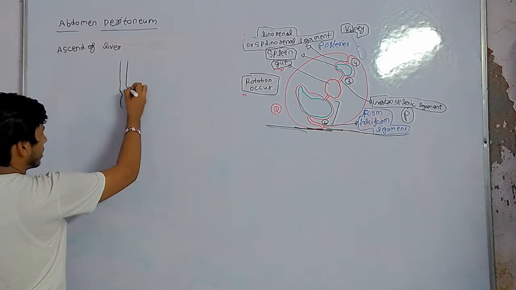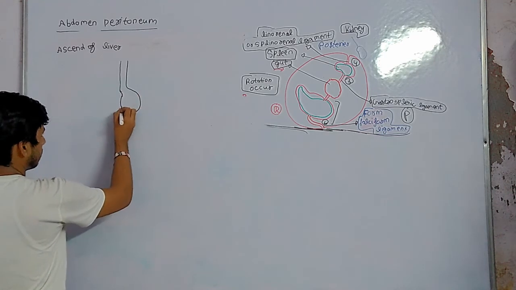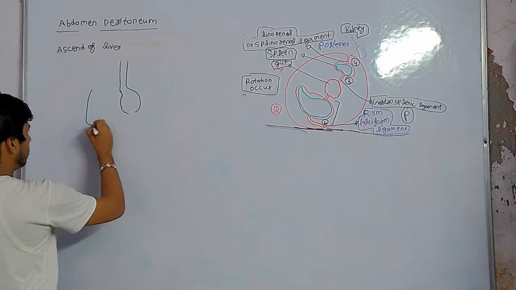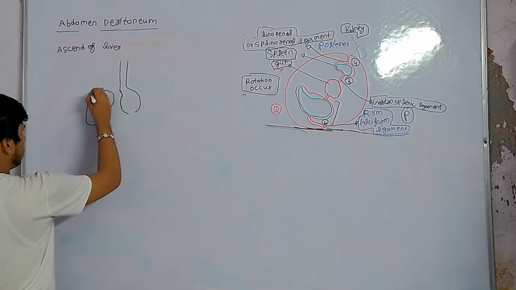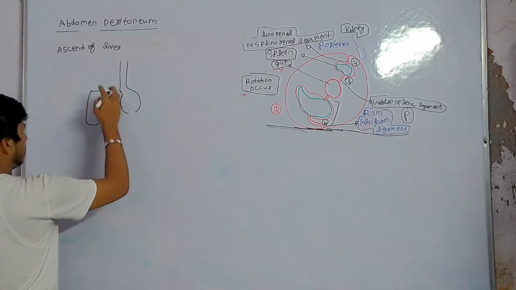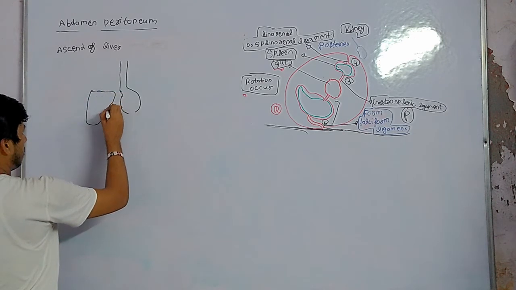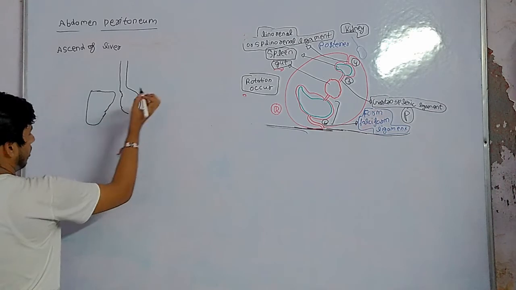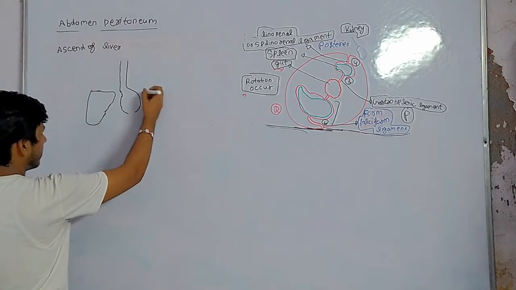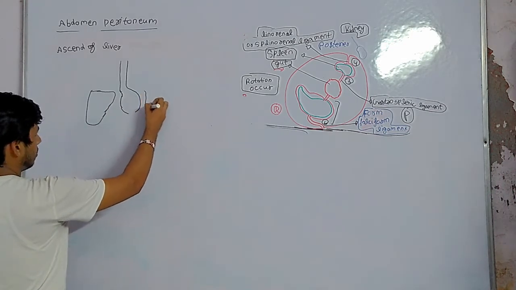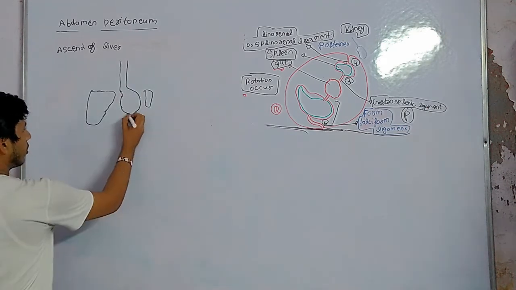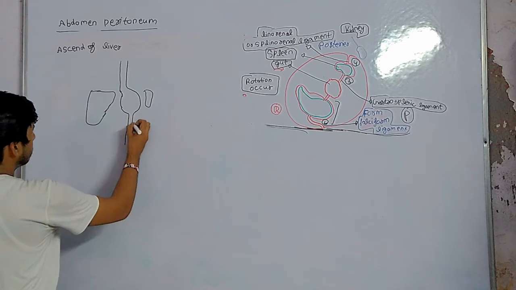If we take sagittal section, this is stomach, this is liver, and here is spleen present. Done. And this gut tube at this end.